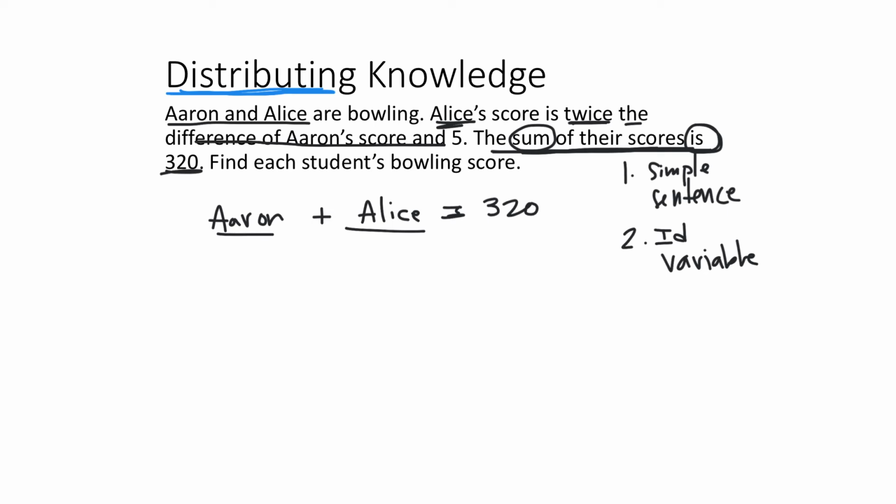That's going to set up a distribution. Because Alice's score is based on Aaron's score, we're going to use Aaron as our variable. If we know Aaron's score, it will also tell us Alice's score. So Aaron we're just going to say is x.